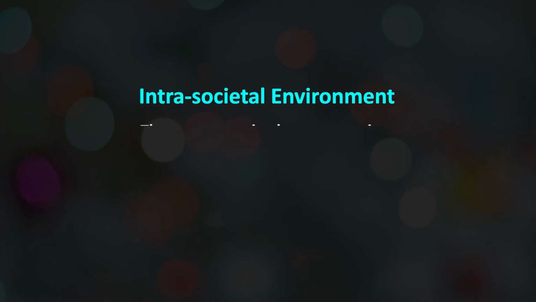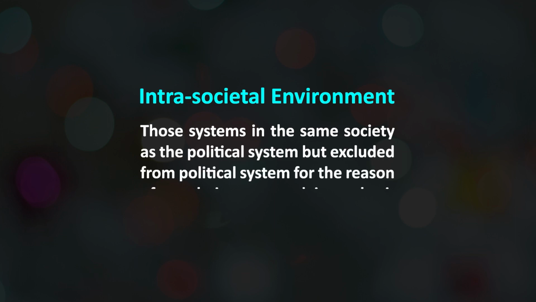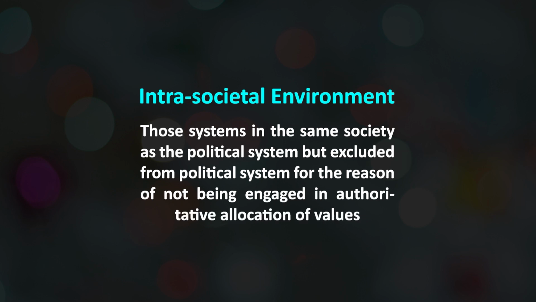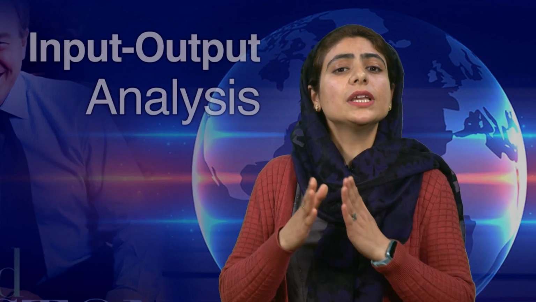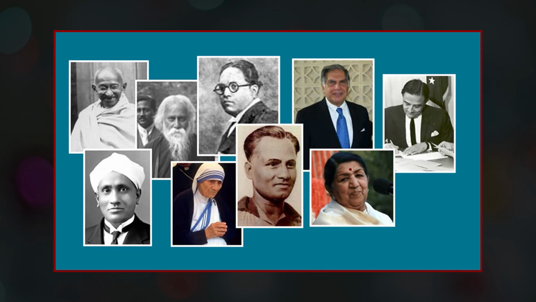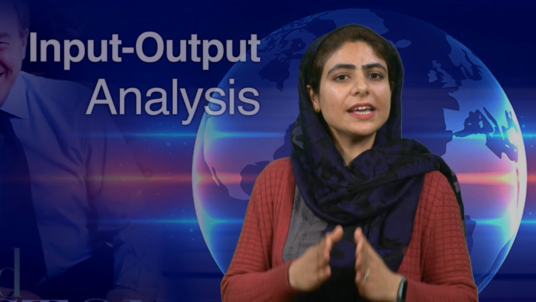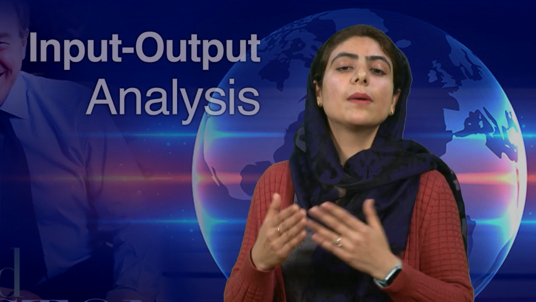The intra-societal environment consists of those systems in the same society as the political system, but excluded from political system for the reason of not being engaged in authoritative allocation of values. The intra-societal system includes economy, culture, social structures, or personalities. These are segments of society of which the political system is itself a part.